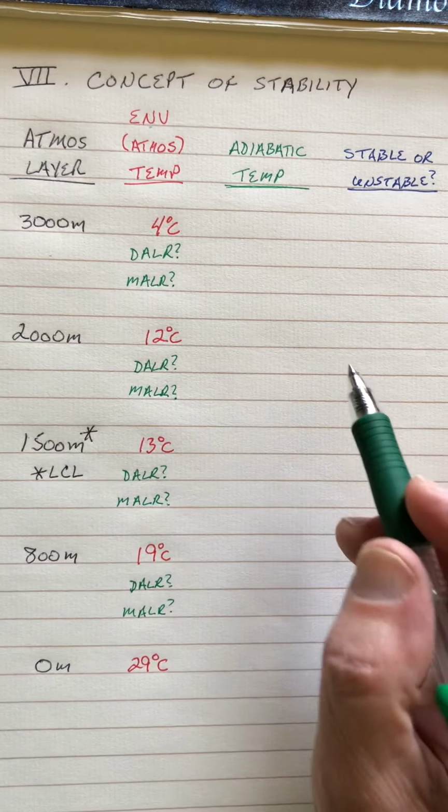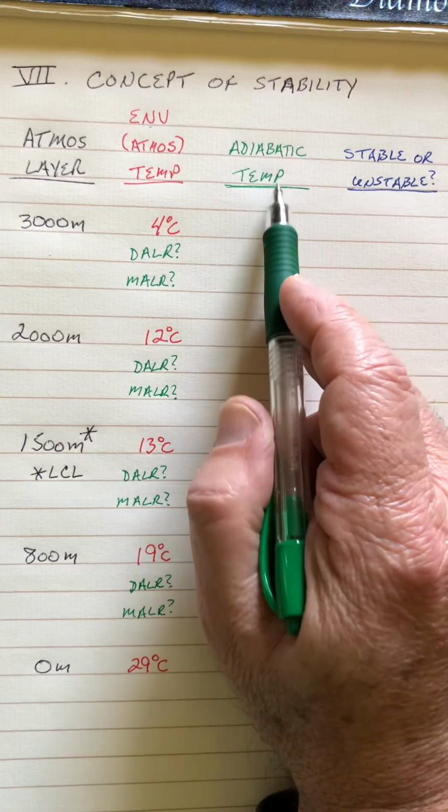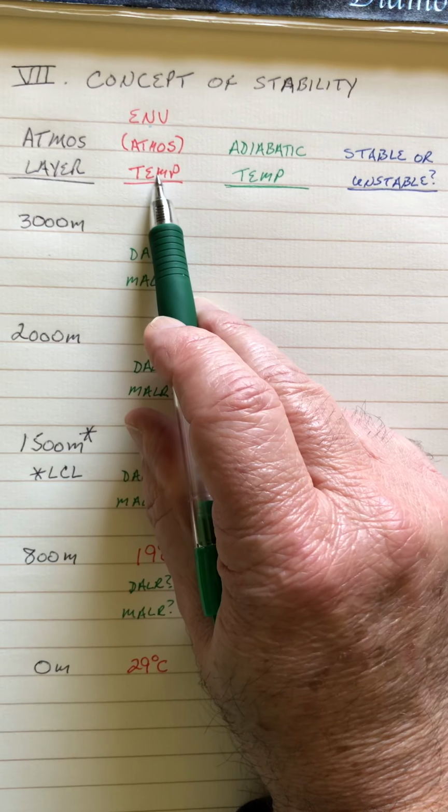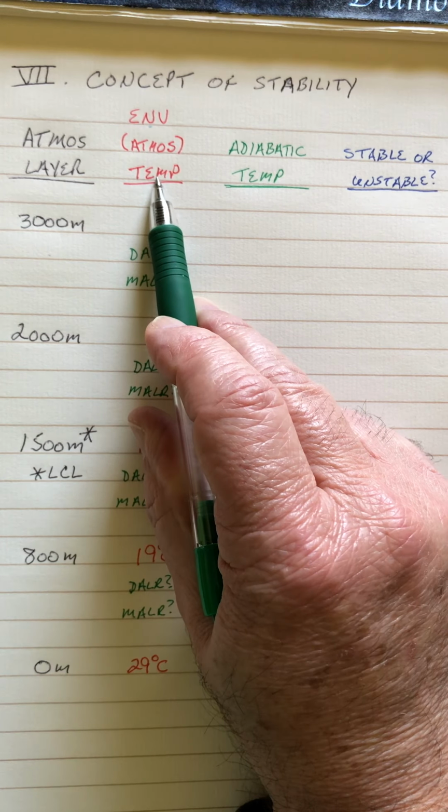of these layers. So as I mentioned in the notes, the adiabatic temperature here is sort of like the temperature inside a hot air balloon, whereas the environmental or atmospheric temperature is the temperature of the air outside the hot air balloon. Okay, so if the temperature inside the hot air balloon is warmer than the temperature outside the hot air balloon, it would rise, and we'd consider that an unstable atmosphere.